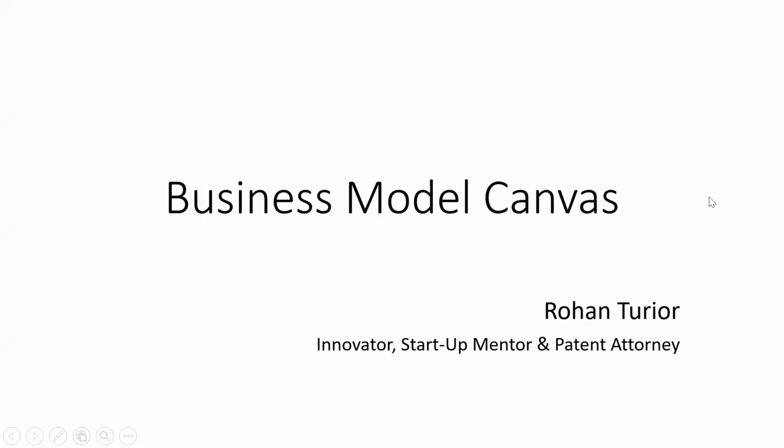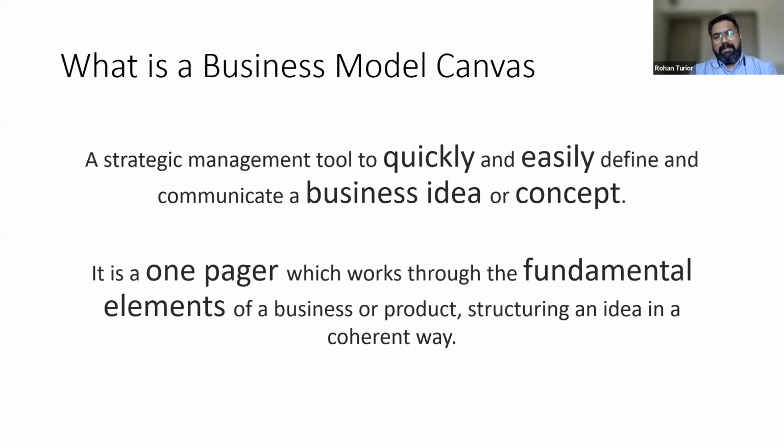Okay. So today we are going to talk about business model canvas. What exactly would a business model canvas be? Well, a business model canvas is nothing but a one-pager document that defines the business in totality.